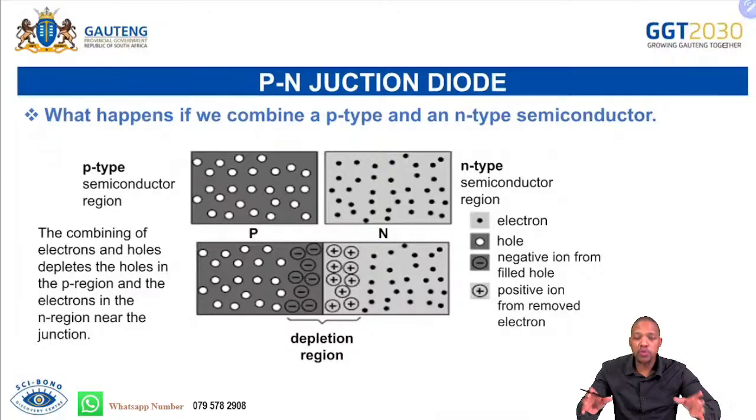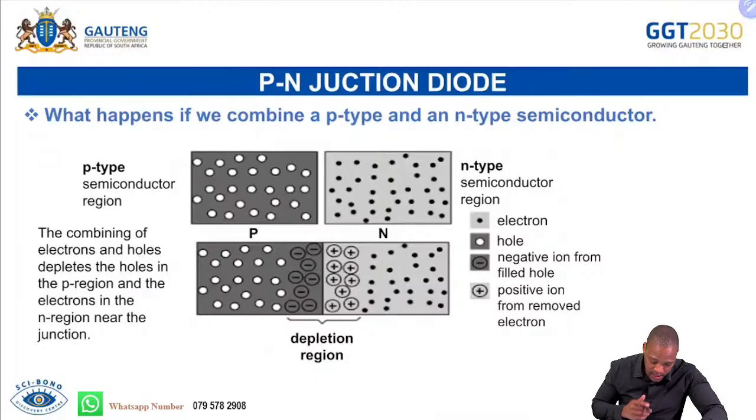Say that we decide to take a p-type semiconductor and bring it closer to an n-type semiconductor, through certain processes that will be taking place there. You're not just bringing them closer physically, it's through certain processes. We bring them together and we form a junction between a p-type and an n-type. What is going to take place then?